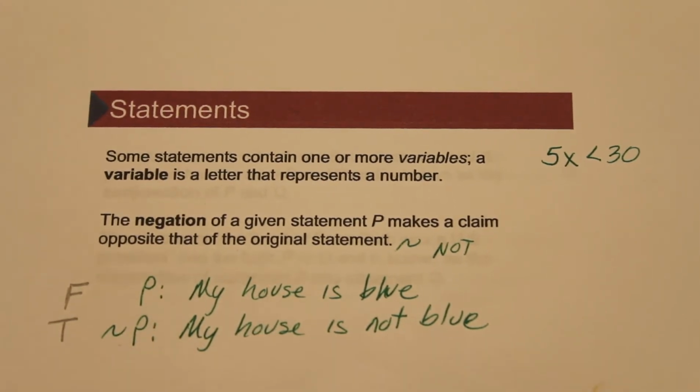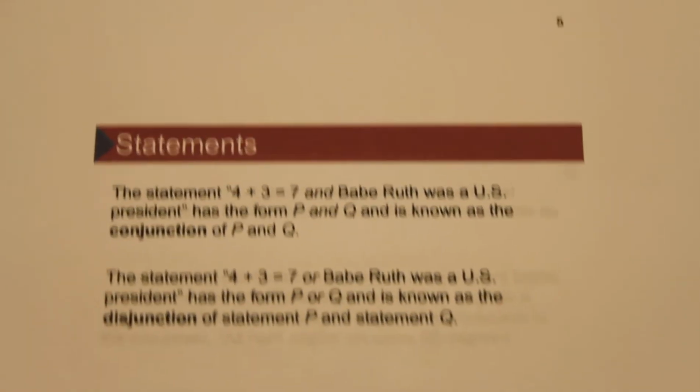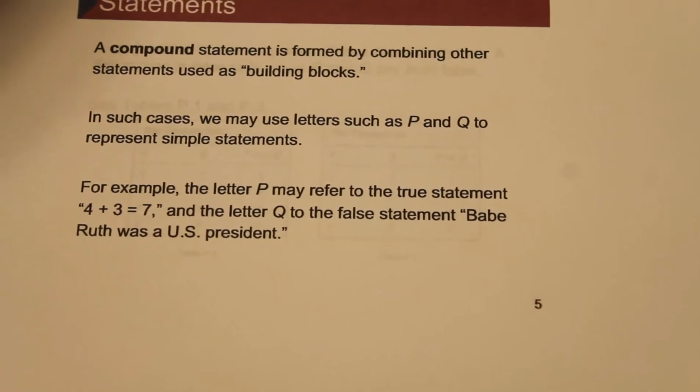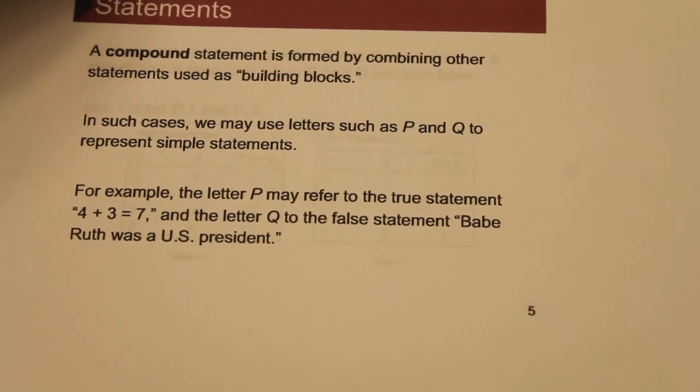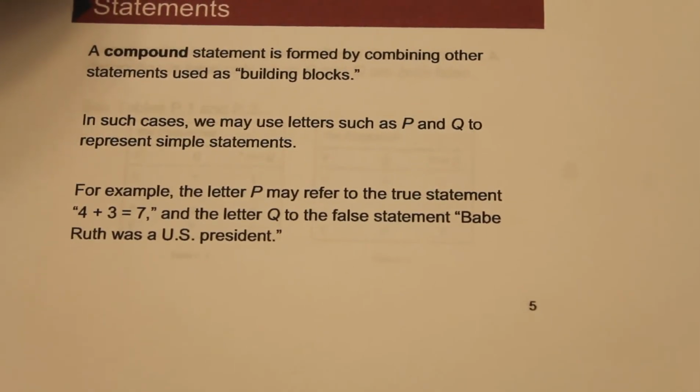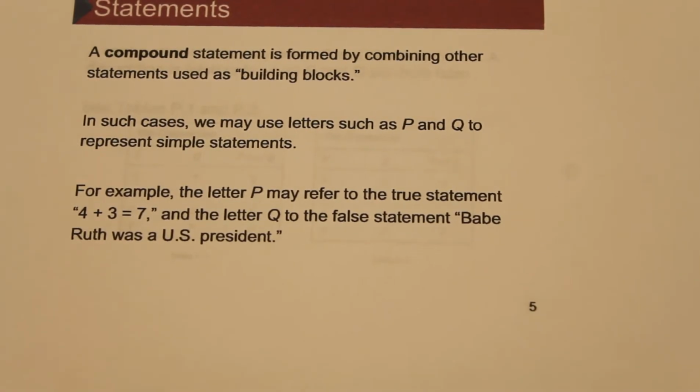So that's how your negations work. Now, these are simple statements, but we can also have compound statements where we put two or more statements together. We use the statements as building blocks, and because of that, we're going to give each statement an uppercase letter to signify it. Usually it's P and Q, and you go right down the alphabet. You'll see statements R, S, T, U, V. They start down there at the end of the alphabet.